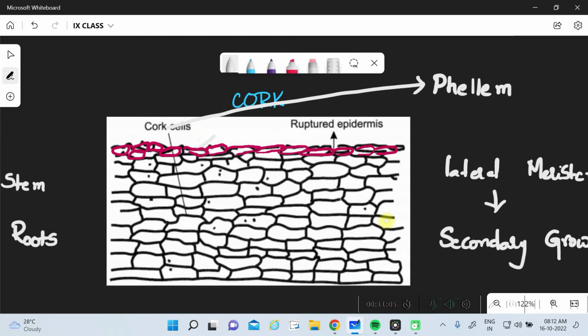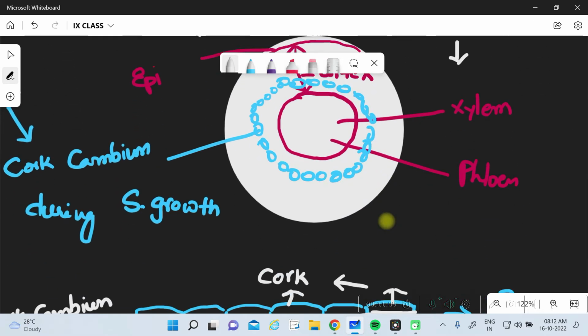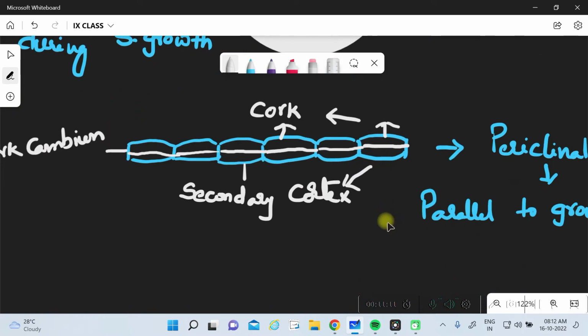The technical term for the secondary cortex is called phelloderm. The technical term for the cork is called phellem.